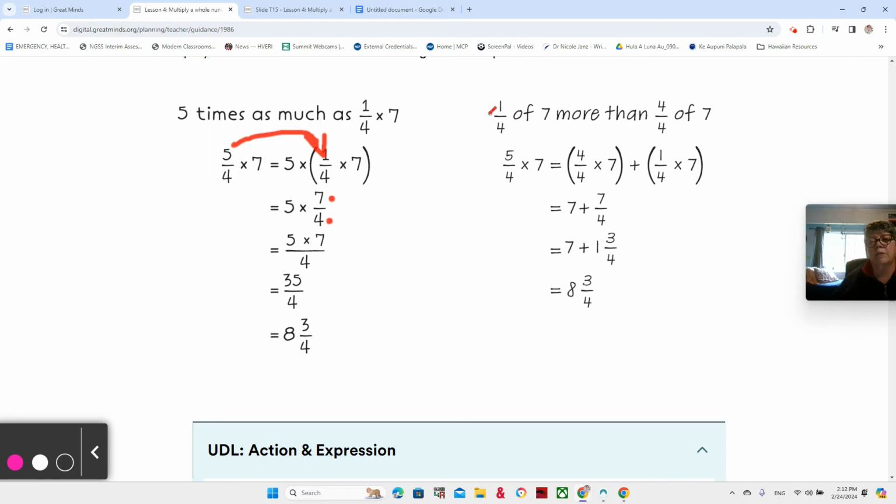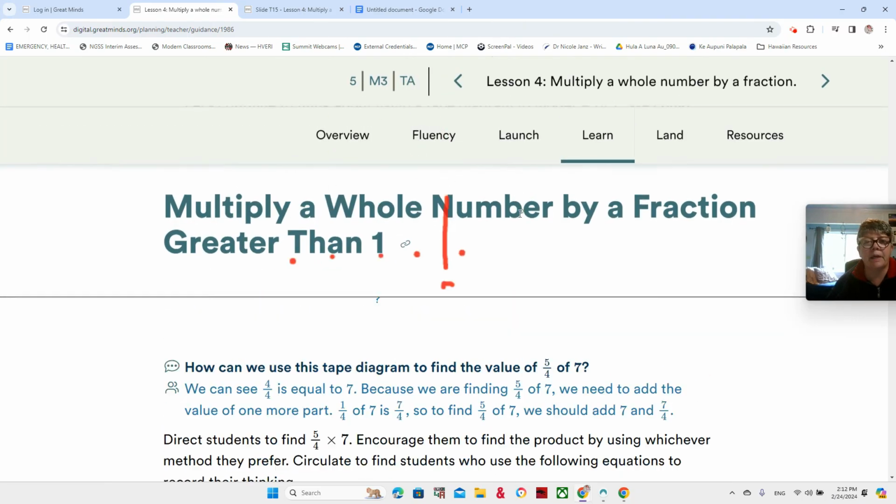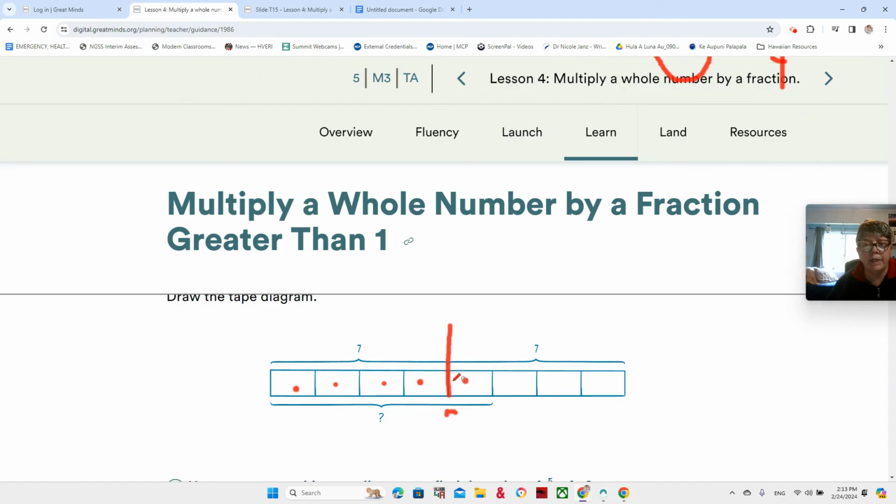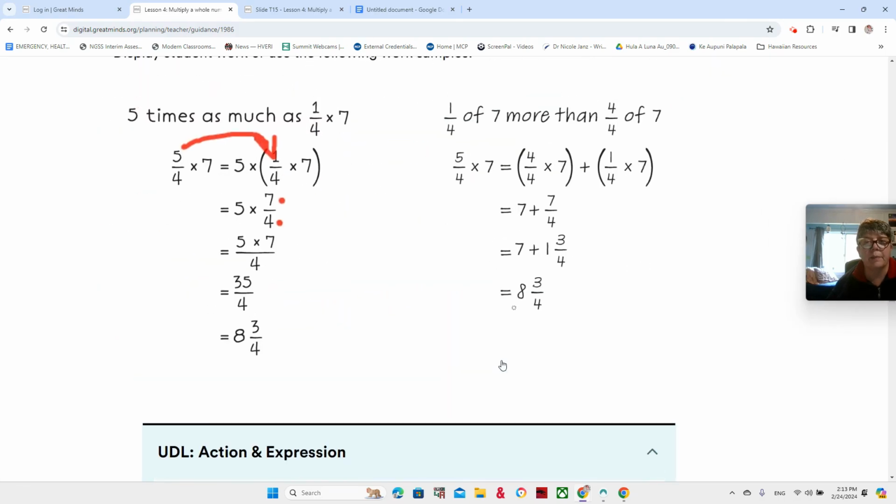Or we can take 1/4 of 7 more than 4/4. So we're thinking about that one back here, right? Because we have 1/4 more. So we know that 4/4 is 7, and then 1/4 more, right? Thinking about it that way.